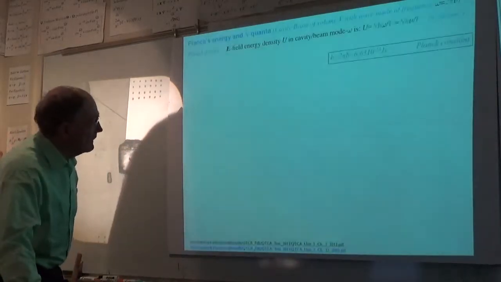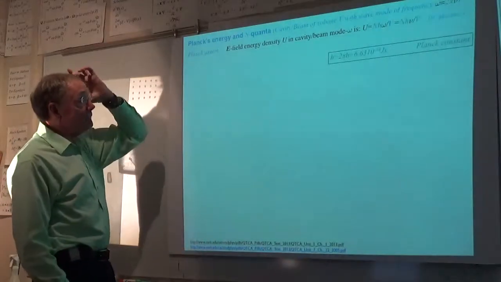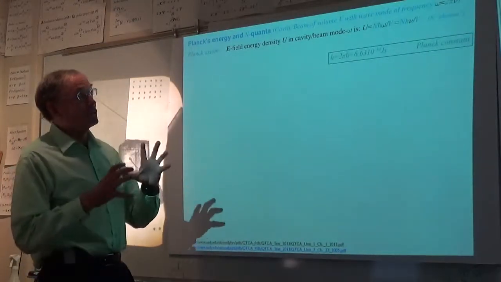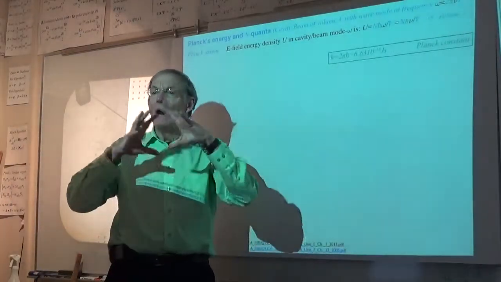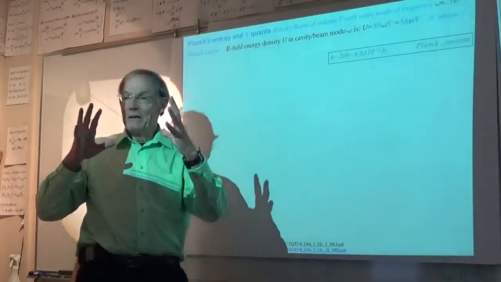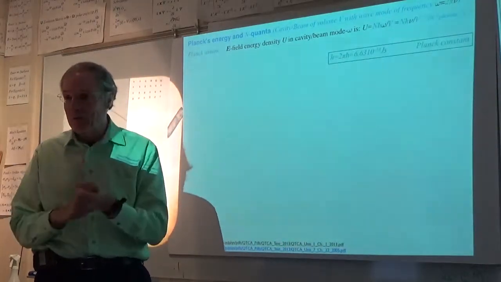Okay, so let's go and look at Planck's axiom. It was about light at low temperature, basically, a box of light, what they call a black body cavity. Okay, you remember all of that.